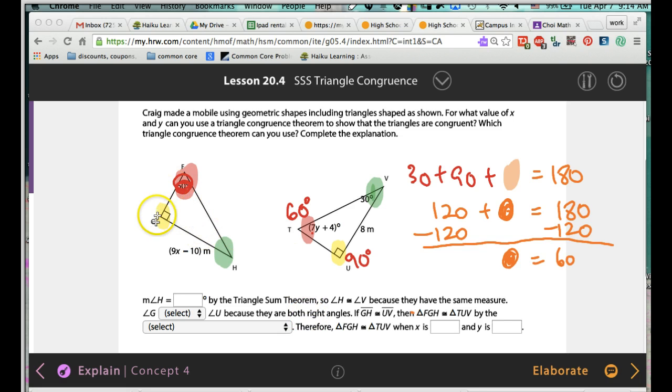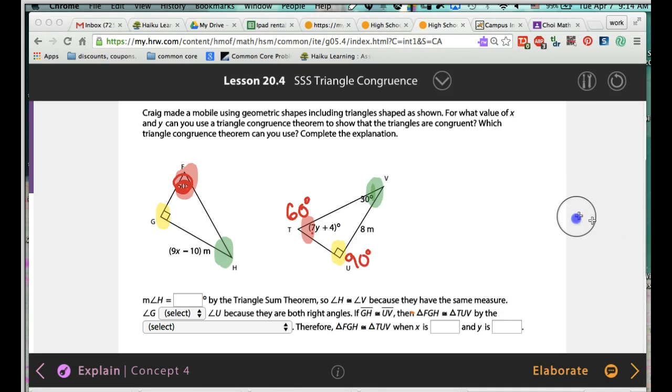And obviously this side between the red and the yellow angle, and then these two sides between the green and the yellow, and this side between the red and the green, they all have to measure the same, right? So then now I'm going to go ahead and erase all this because I have no space. Okay guys, so tell me, how am I going to figure out what y is equal to?